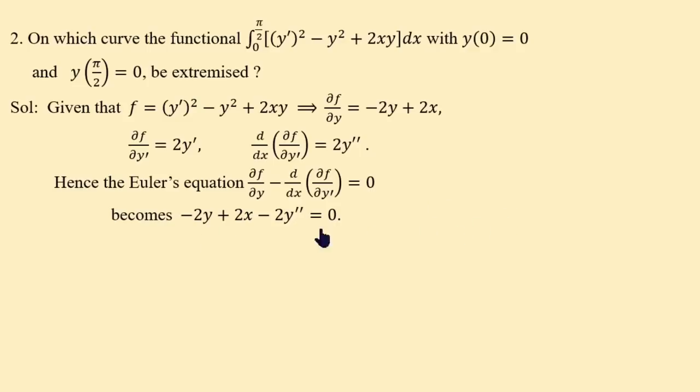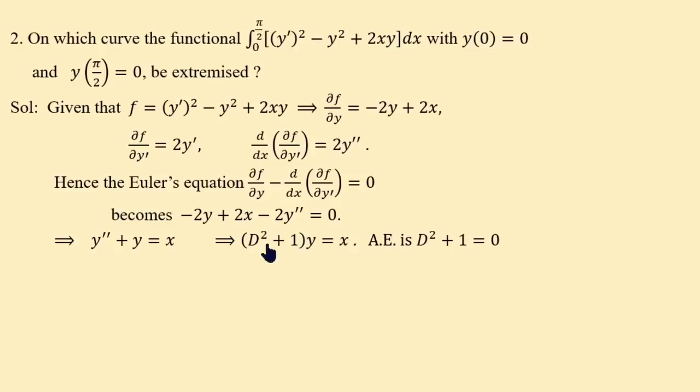So it becomes y'' plus y equals x. How to solve this? You already solved these types of problems in second semester. Y'' plus y, we can write in symbolic form as (D squared plus 1) y equals x.